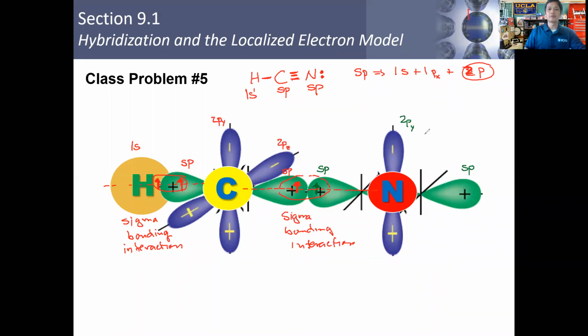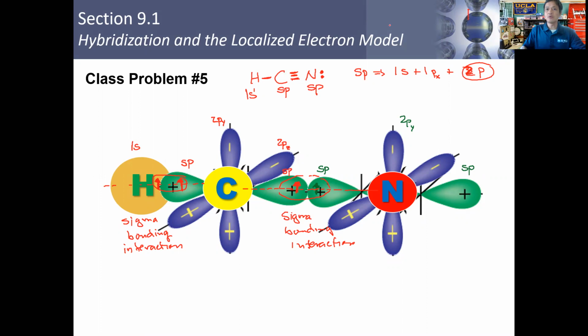Remember, there is a p orbital on each of the axes, one along the x, one along the y, one along the z. So carbon has these two p orbitals that are unhybridized. It's going to be the same thing with nitrogen. Nitrogen also has a p orbital that is unhybridized, and this is going to be the 2p orbital along the z-axis as well.